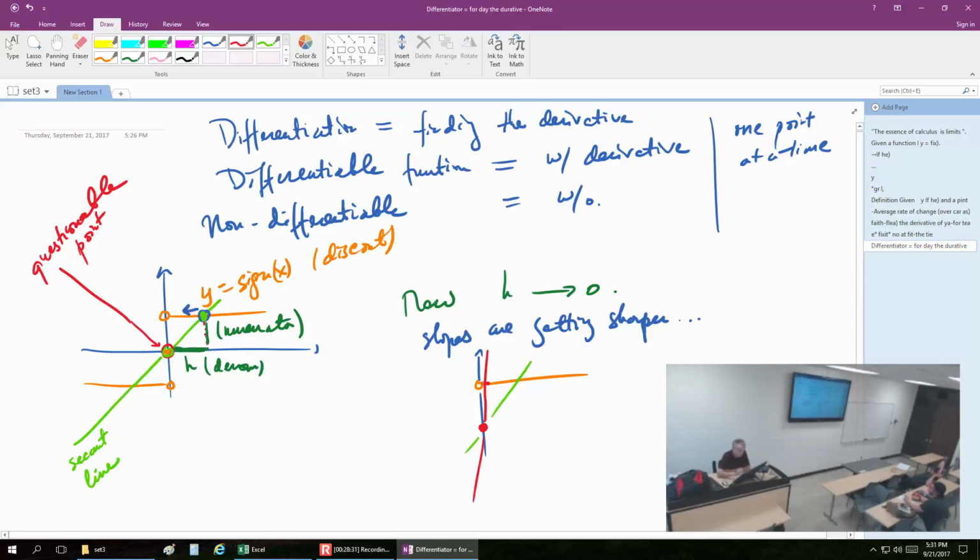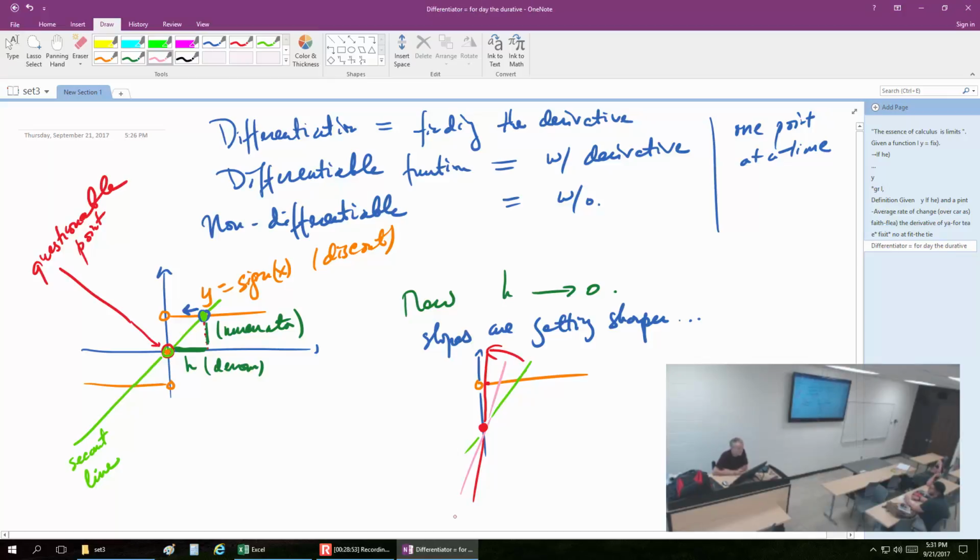If h is really small, the steepness is increasing, and you can see a counterclockwise rotation of the secant lines. What is at the end of this process?